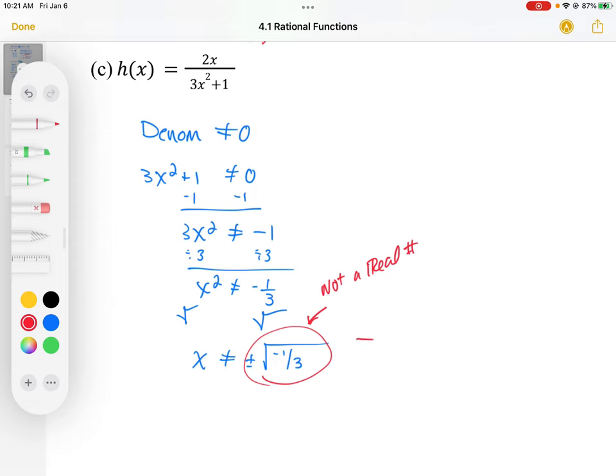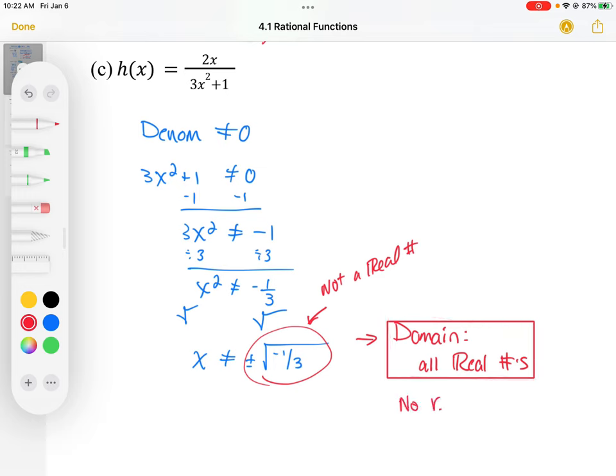So that then means that we have no real number exclusions for our domain, so our domain is all real numbers. And I'll put no VAs, no vertical asymptotes.